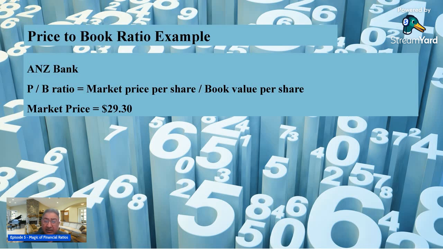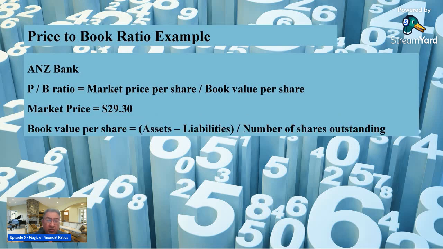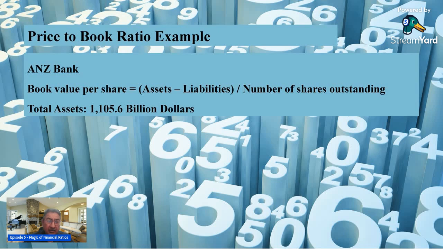Some investors take a 3-month average to determine these ratios, but for our purposes, we'll go by the current market price. Now, to determine the book value per share, which is the other part of the formula, you have to subtract liabilities from assets and divide it by the total number of shares outstanding.